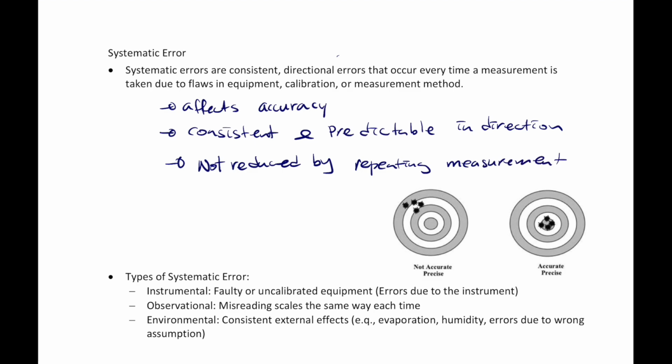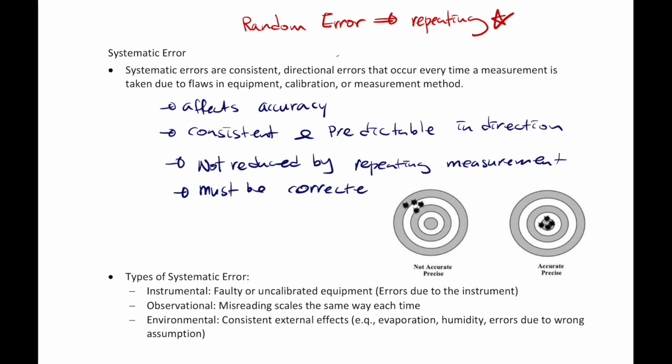Random errors are reducible by repeating. However, systemic errors are not reducible by repeating measurements, and they must be corrected by fixing the source.